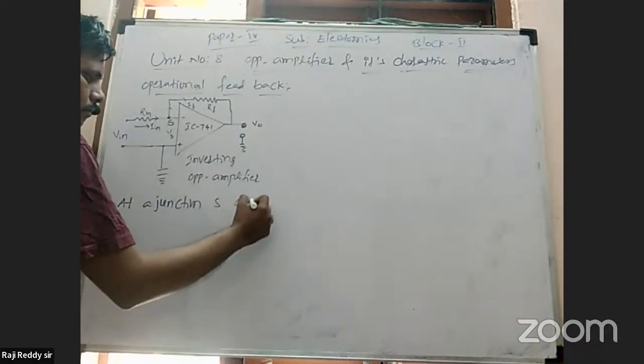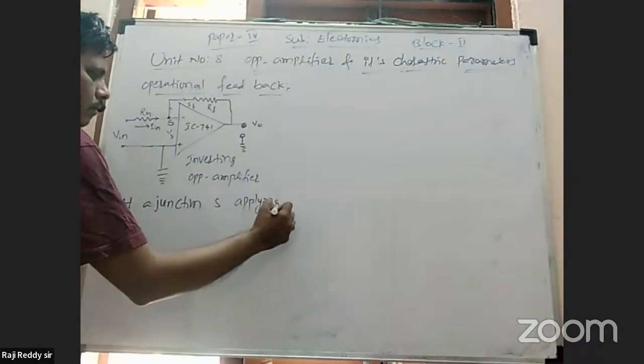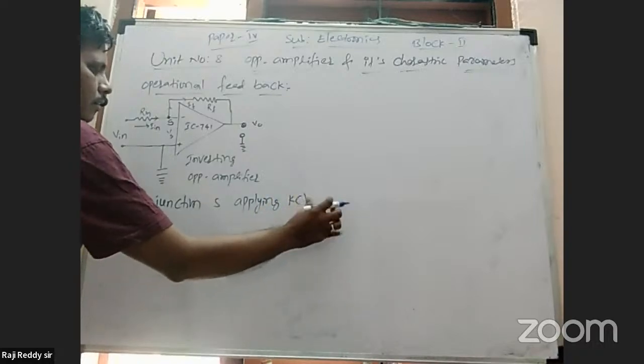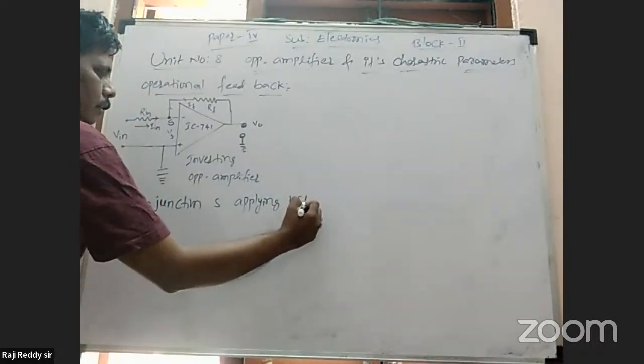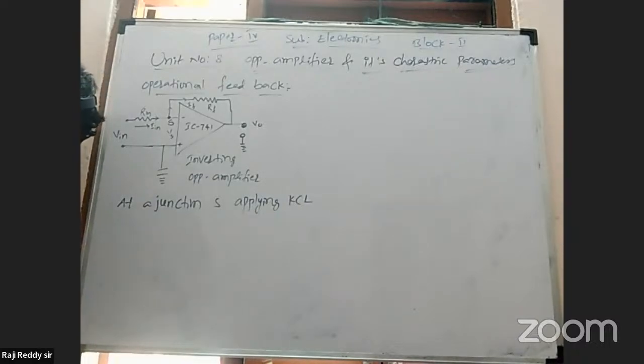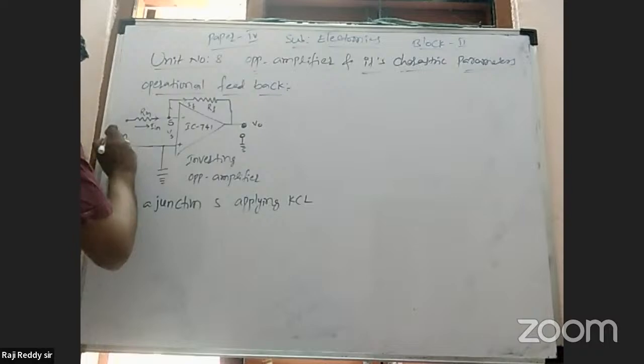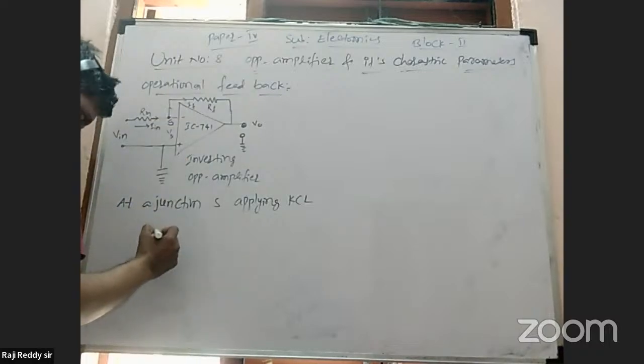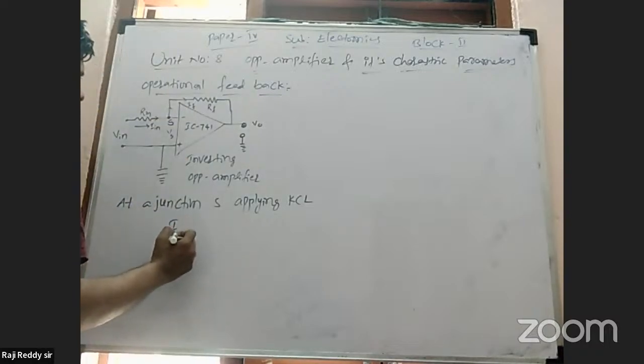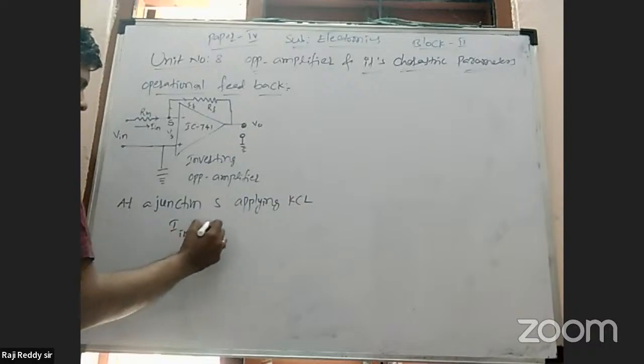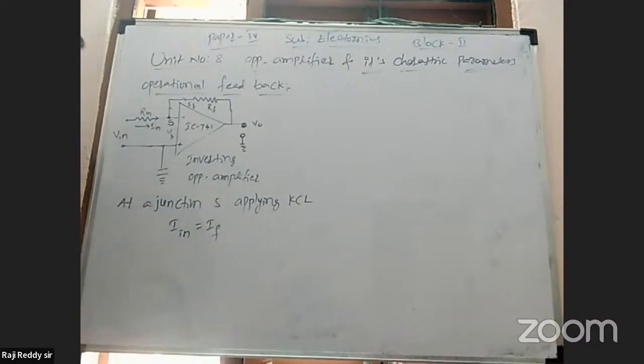Applying KCL, Kirchhoff's current law: entering current equals leaving current. That is, I in equals IF. F is the feedback current.